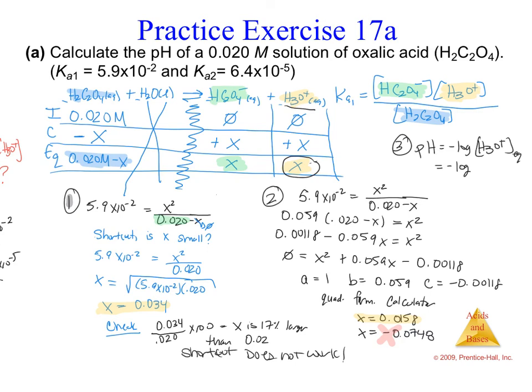And so plugging that into the calculator, we get pH equals 1.80. And again, I have 2 sig figs in my molarity and my Ka value, which results in 2 digits past the decimal for my pH.